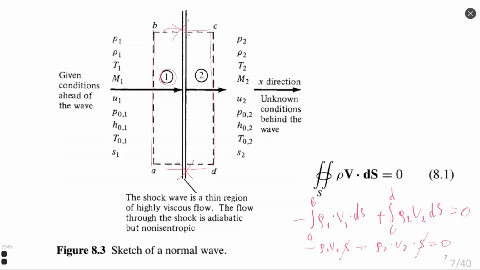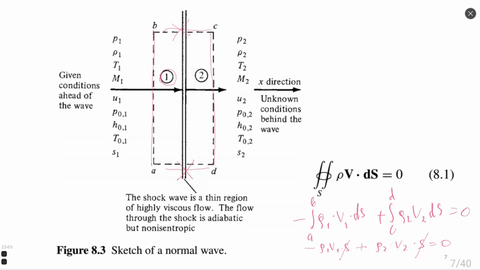Areas are the same, so we can just cancel them from this equation. In such a way, we see the balance between the density-velocity product at the inlet and outlet of our control volume.